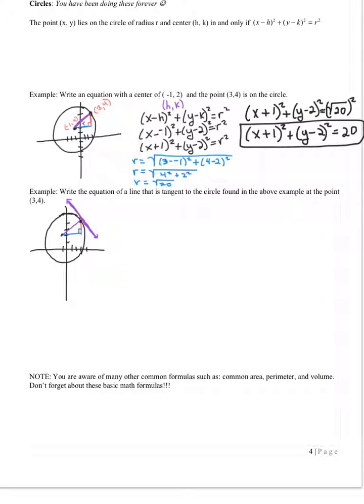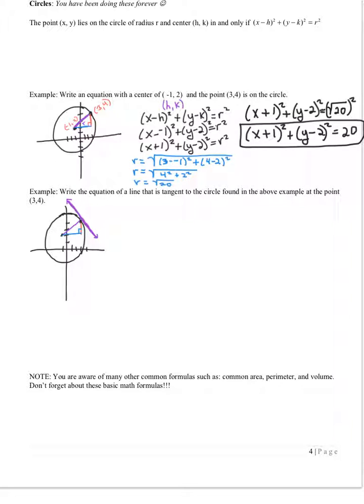In the next example, we have to find the equation of the line that is tangent to the circle found in the above example at the point 3, 4. So we have a diagram of the same circle, except this time we have a tangent line drawn, which is a line that is perpendicular to the radius.